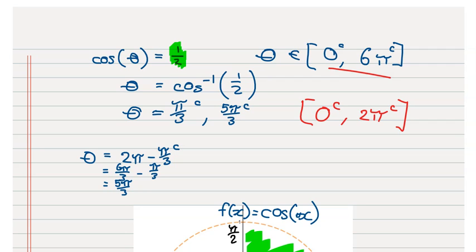Now remember, these two solutions are only the first two solutions within the period of the function cosine theta. And the question's asking us to find all the solutions over a range of 0 radians all the way up to 6 pi radians. So notice that 6 pi radians is, sorry, not twice, but 3 times that of 2 pi.